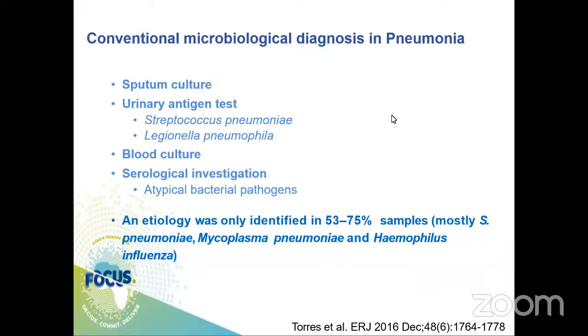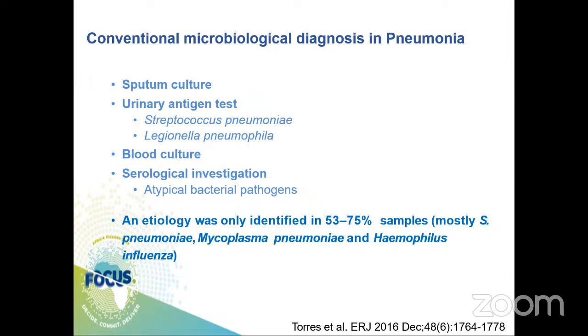The conventional method of diagnosis, when I talk about the conventional microbial diagnosis of pneumonia, in normal circumstances, we do sputum culture. We can do urinary antigen tests, and here we are targeting Streptococcus, probably Legionella.